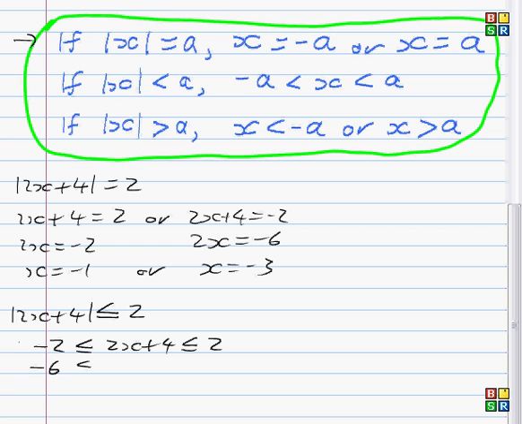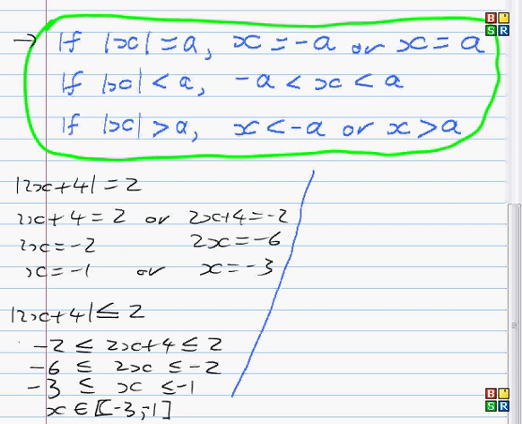So minus 6 is less than or equal to 2x is less than or equal to minus 2. And then you can divide by 2. So minus 3 is less than or equal to x is less than or equal to minus 1. And of course in bracket notation, that's square bracket minus 3 to minus 1.